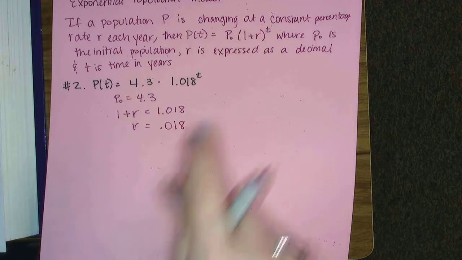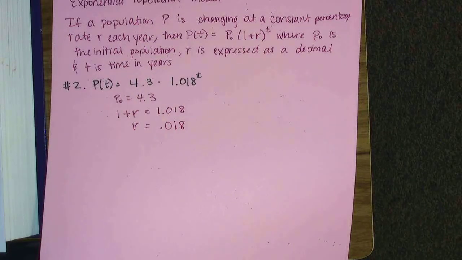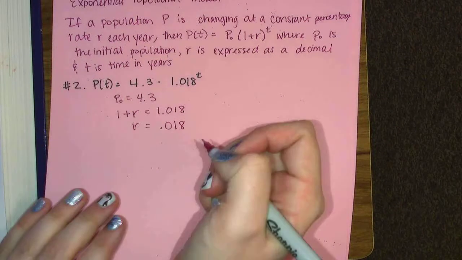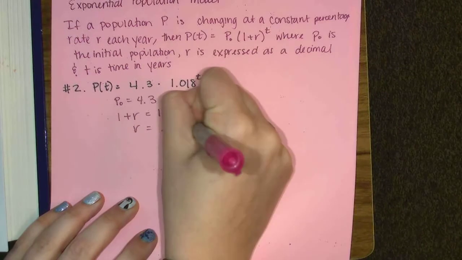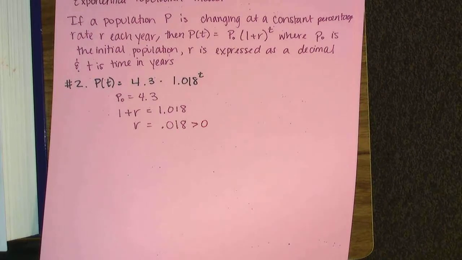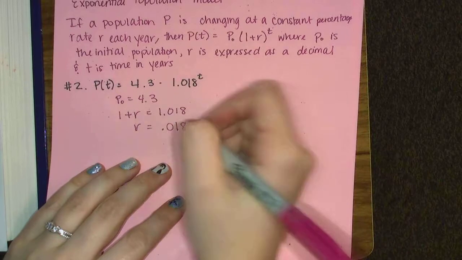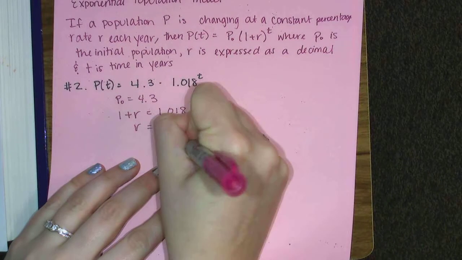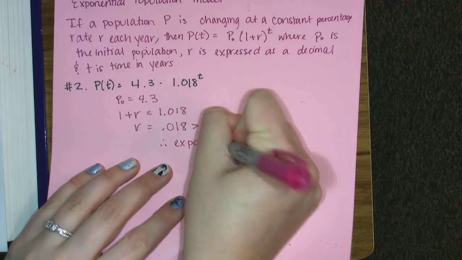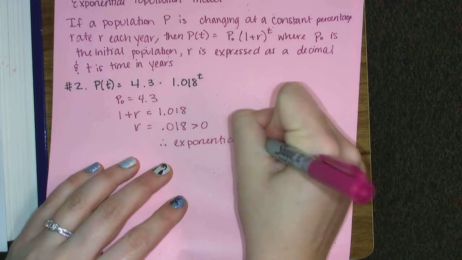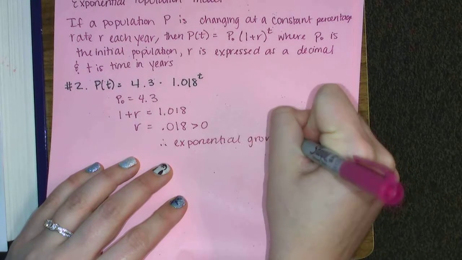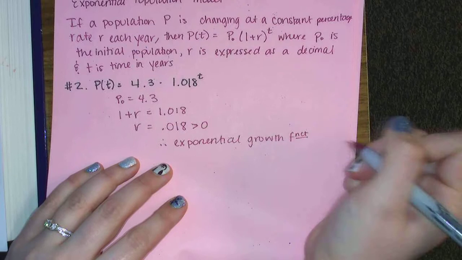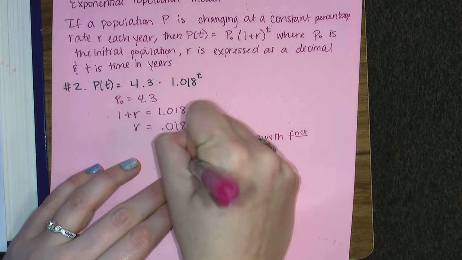And remember, r is going to be a decimal, and in this case it is greater than 0. It doesn't have to be, but in this case it is. So it is an exponential growth function, with a growth rate.